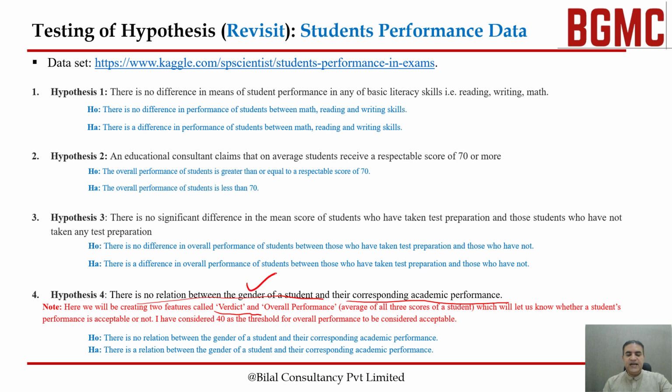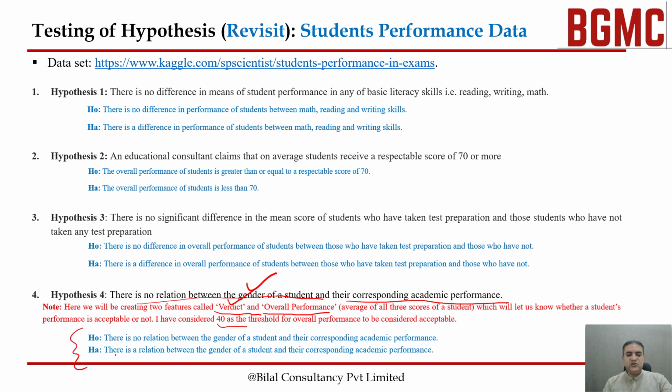As we know, gender is a qualitative variable, as well as verdict, because we are saying that if the students got 40 or more, the overall performance is acceptable, otherwise it is not acceptable. So this variable is created based on the overall performance variable.